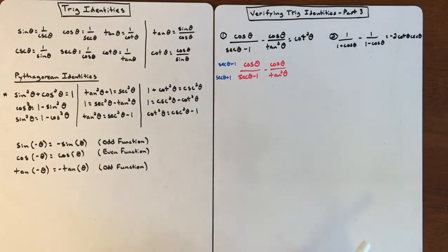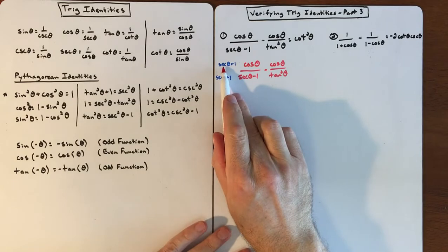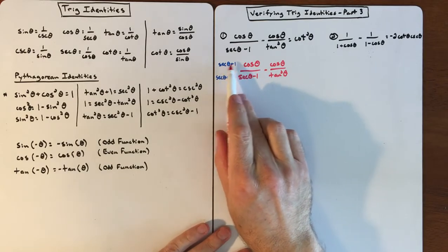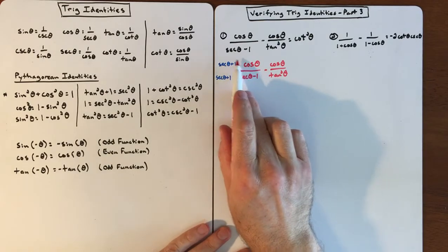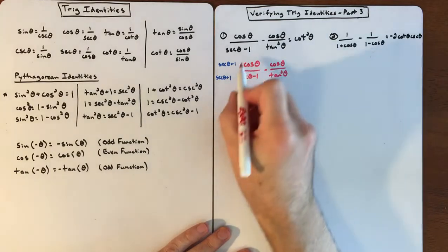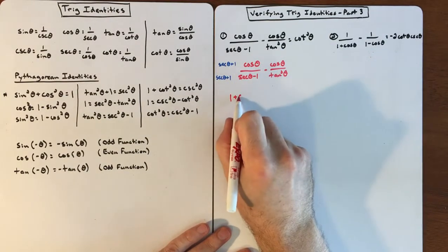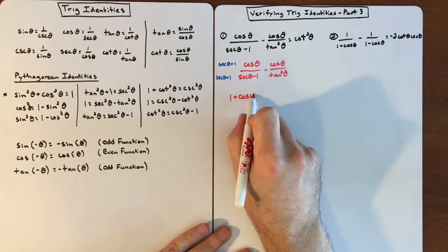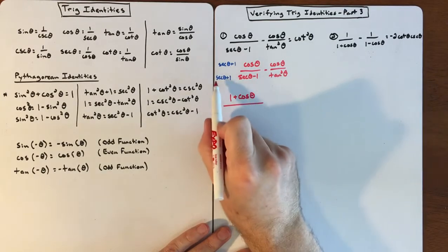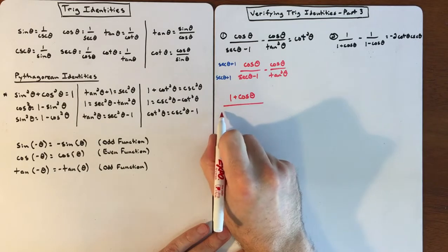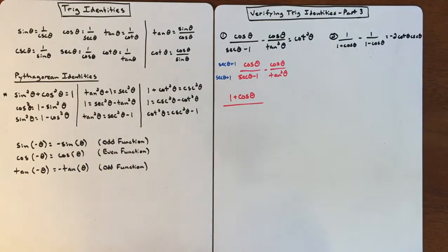So if you multiply the top, you got cosine times secant. Those are reciprocals of each other. So when you distribute that in, that's going to cancel. So you're going to get a 1 plus cosine on the top. And on the bottom, you're going to get secant squared. Let's just write that out.